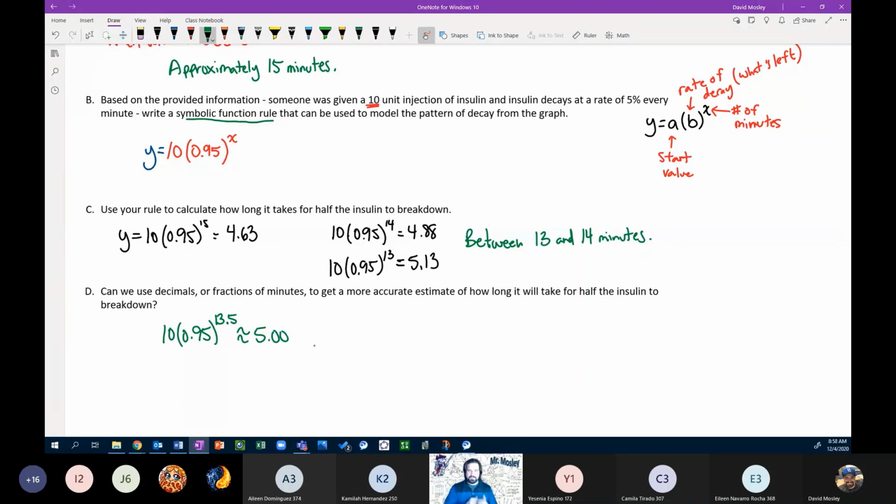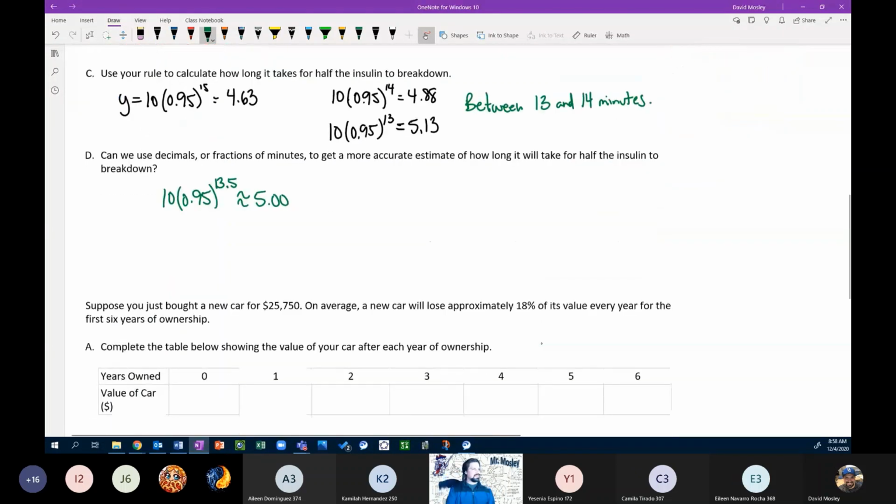This is the end of this example. All right. Next example.